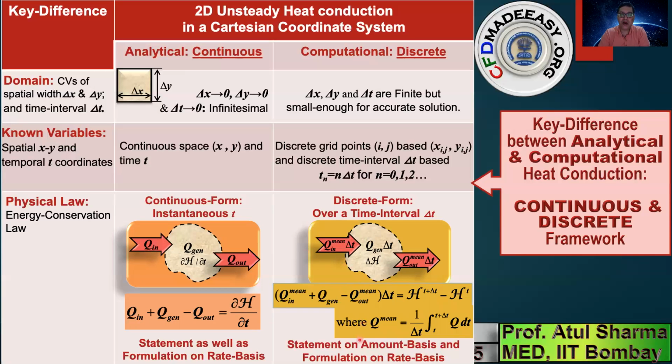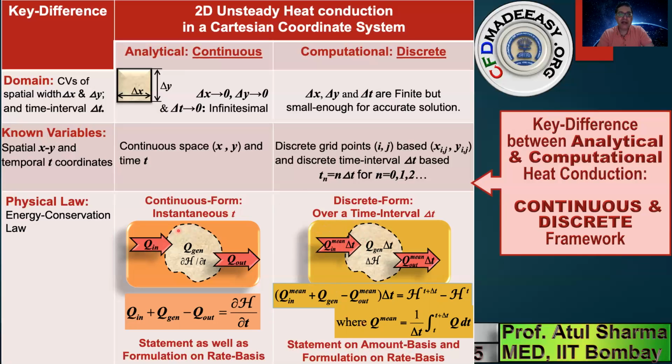So although the statement was on an amount basis, to formulate it I am not using a separate symbol for the amount of heat, but instead I am writing the amount of heat as a product of the rate of heat transfer multiplied by the time interval.